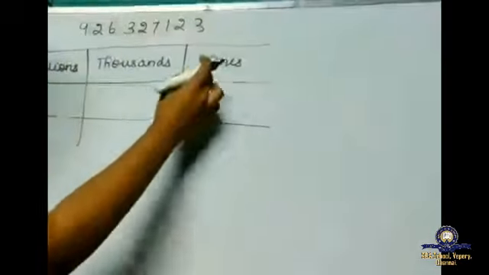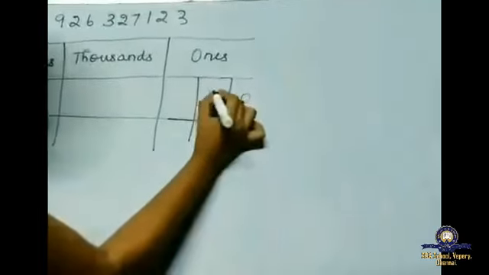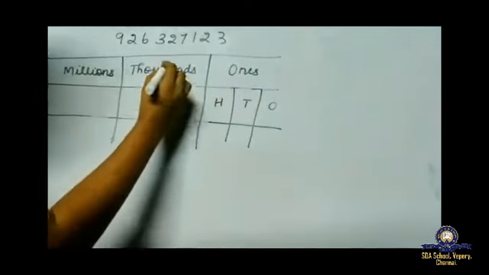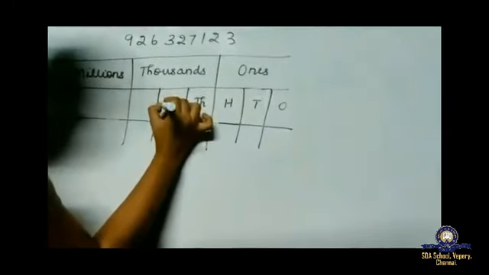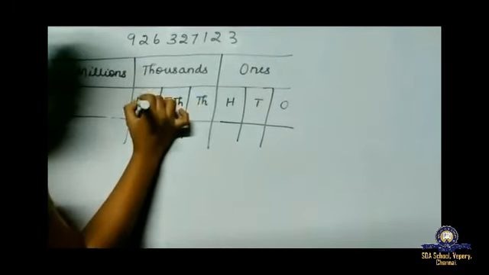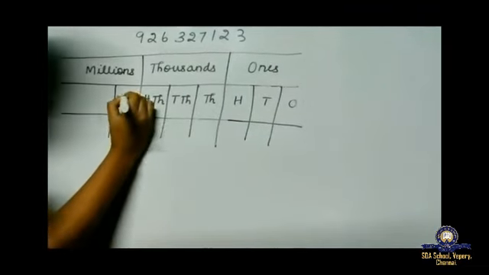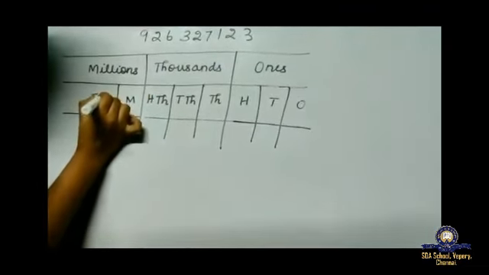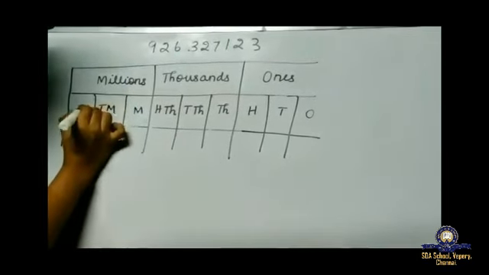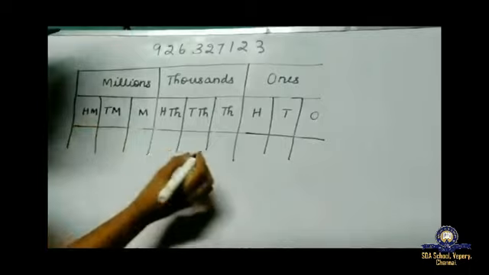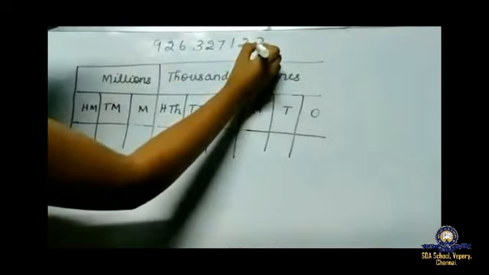Okay, so under ones period, the ones, tens, and 100 come. Under thousands period, thousands, 10,000 and 100,000 come. Under millions period, millions, 10 millions, and 100 millions come.